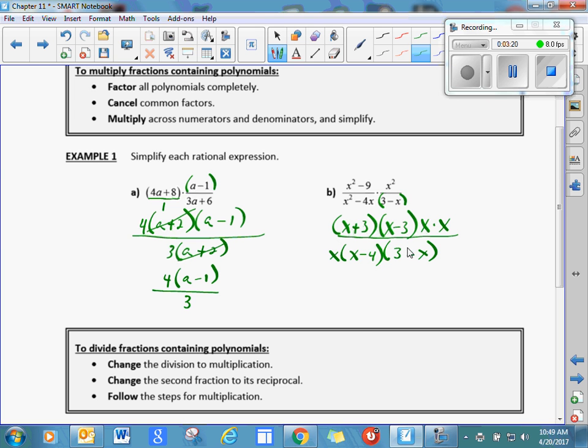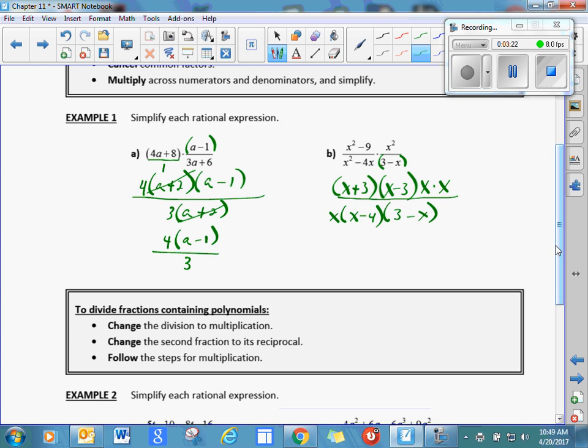So now I have all factors, numerator and denominator, and I'm looking for clever 1s. So I have an x to the first here and an x to the first here. Those will cancel. I don't have an x plus 3 down here, but I do have these two that are opposites of each other. This one is minus 3, this one is plus 3. This one is plus x, this is minus x.